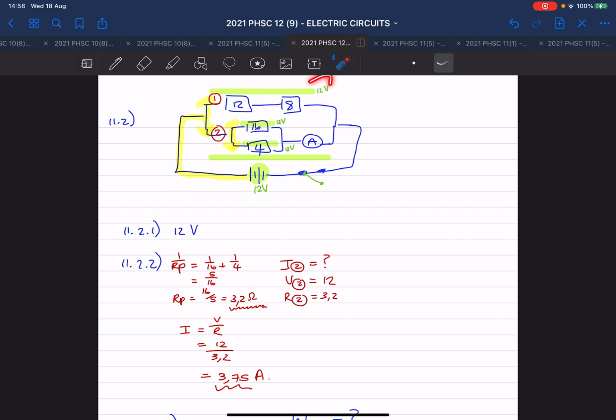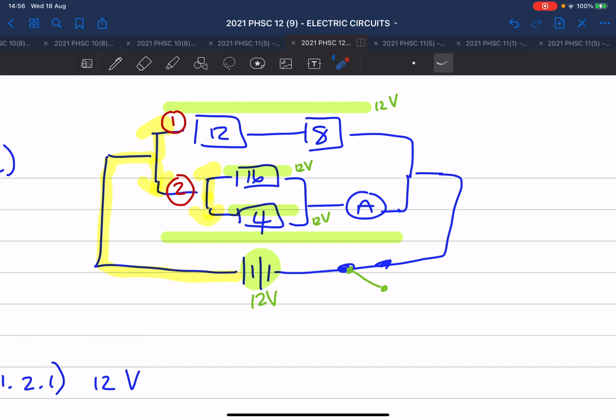No. Does all the 12 volts go to the 12 ohm resistor? No. You must use some of it at the 12 and some of it at the 18. So that 12 needs to split up. So we don't have the volts for the 12 ohm resistor. We don't have the current for the 12 ohm resistor.